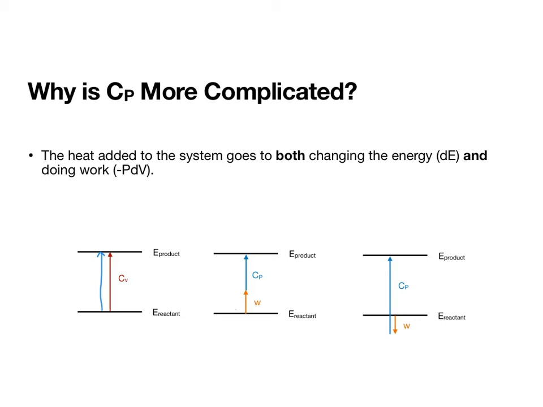Meanwhile, if we have work being able to happen, the energy going into the system is both going to the work and to reaching the product.